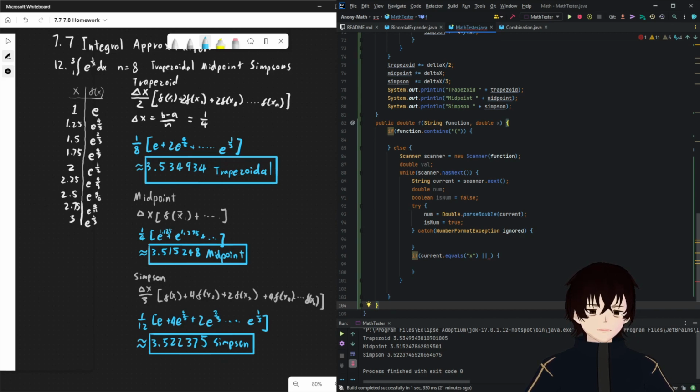How would I go around this? Let's still have the very simple function of 1 plus x times 2.